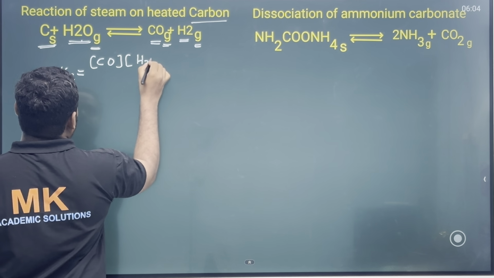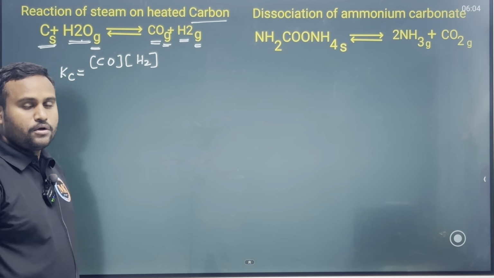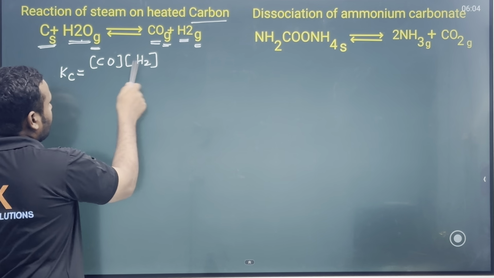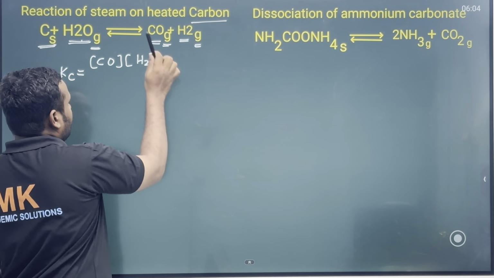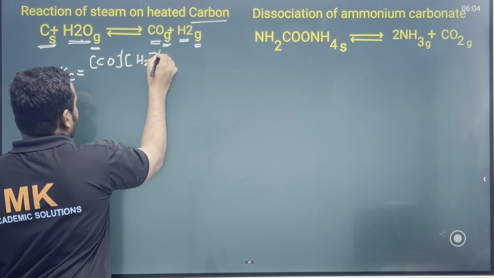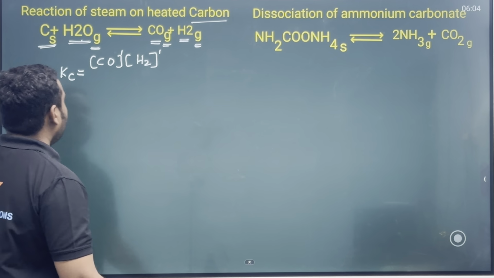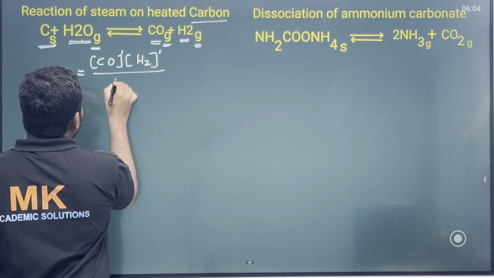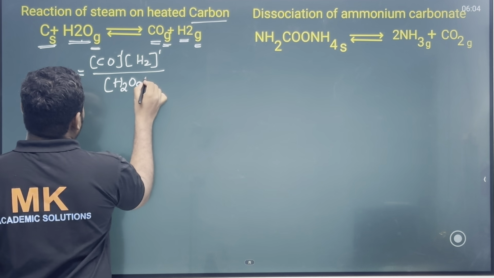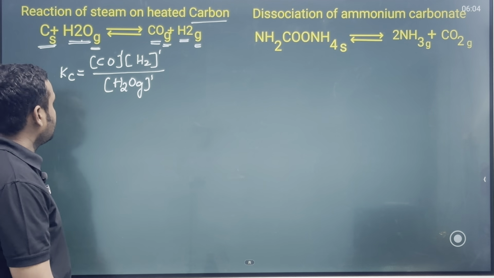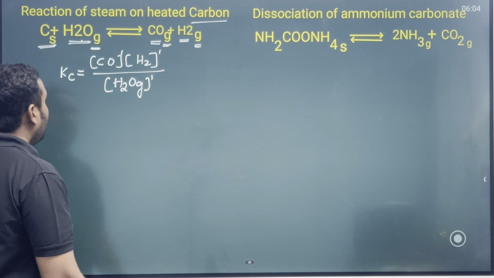First, the products we need to write. First what we need to write? Product concentration raised to the power of stoichiometric coefficient. So here there is no stoichiometric coefficient, which means 1, we will write. H2O in the gaseous state, power 1. Okay, so this is the Kc expression.